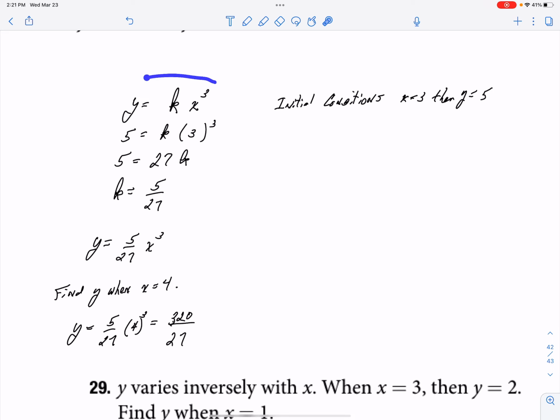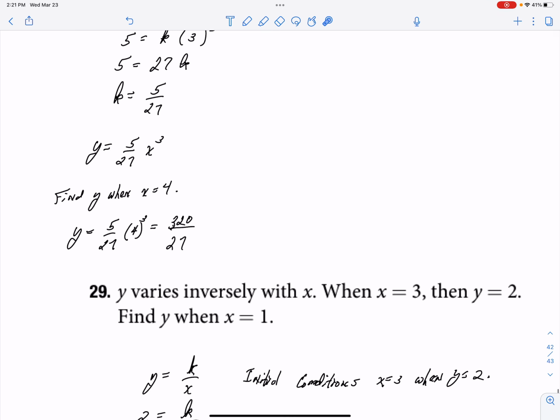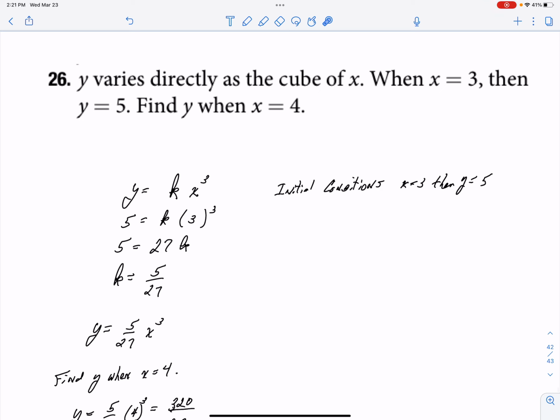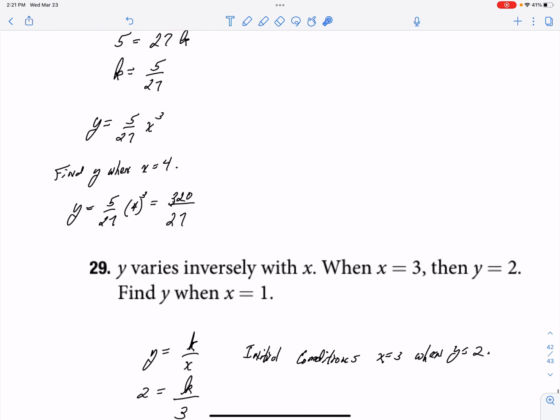So now let's go up to our original equation, y is equal to kx cubed, and instead of k, we replace it with 5 over 27. That gives us our proportionality equation. Now, this problem goes on to say, find y when x is 4. Well, how do we do that?